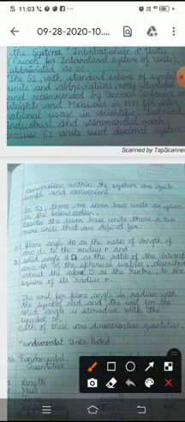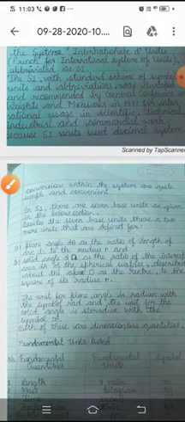Second is the solid angle d sigma, defined as the ratio of the intercepted area dA of the spherical surface, described about the apex O at the center, to the square of its radius r.